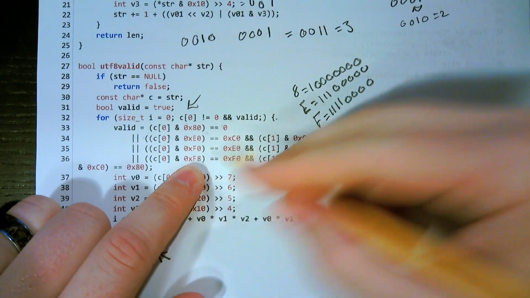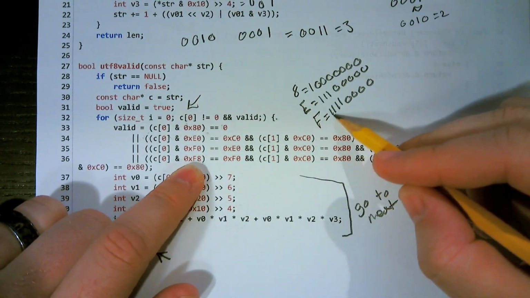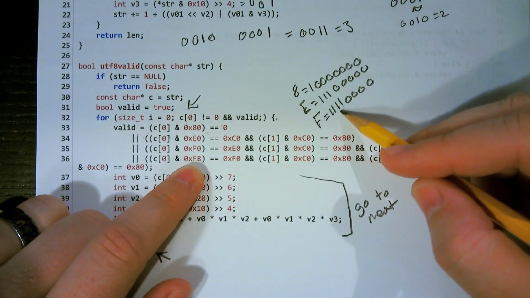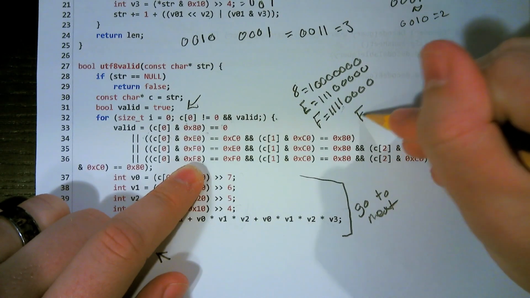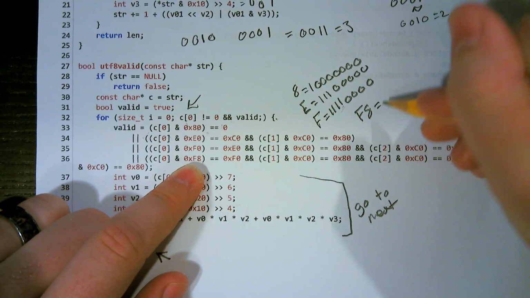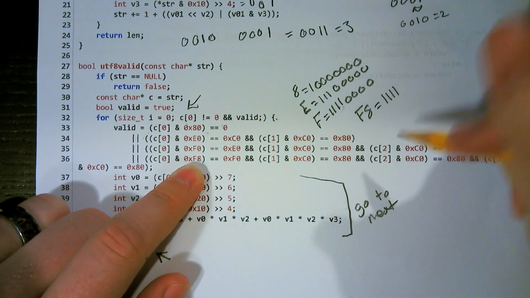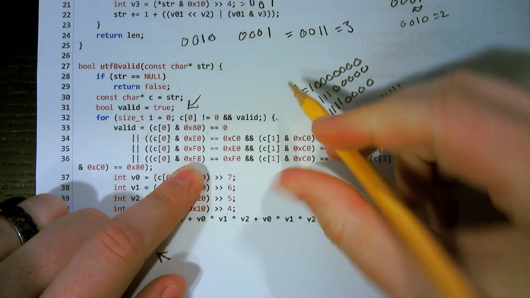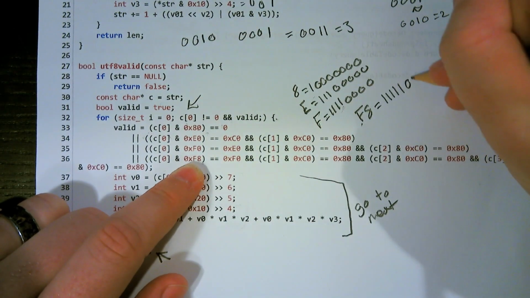And then F8, you can imagine it's the same thing here. If an F is 4 bits turned on, then F8 is going to be equal to 1111 for the F, 1 for the 8, and then 3 zeros, right?